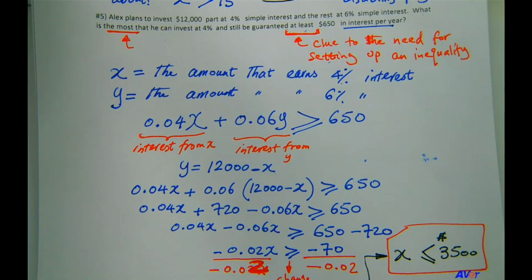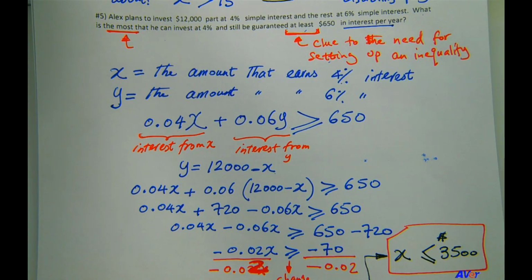Well, in the real world, the higher the interest rate, the higher the risk. And because of that, people try to average their risk over accounts that have lesser interest, but lesser risk. And then part of their money, however much they decide they can afford, they put in the account that has higher risk, but higher interest or higher return.